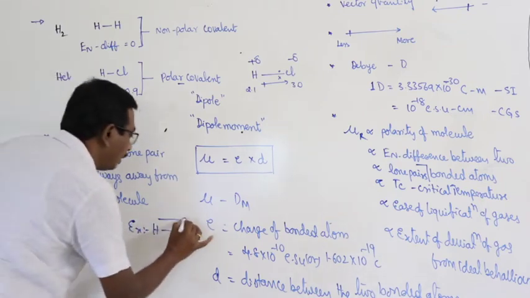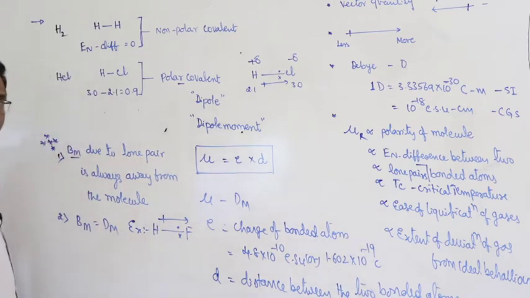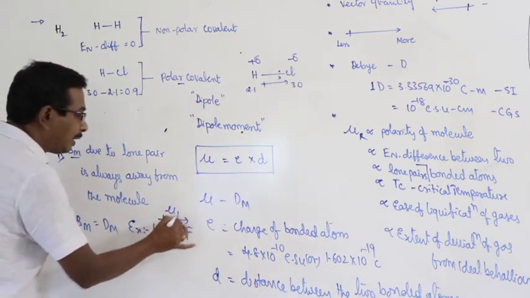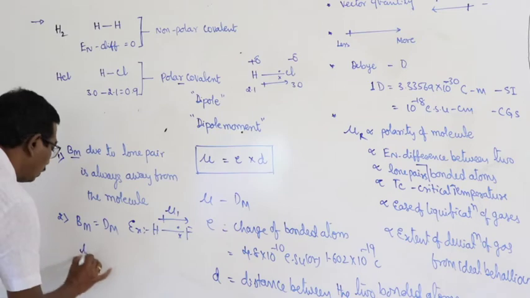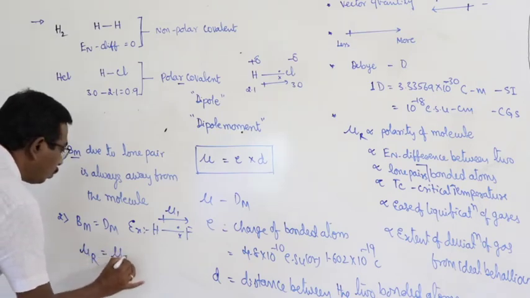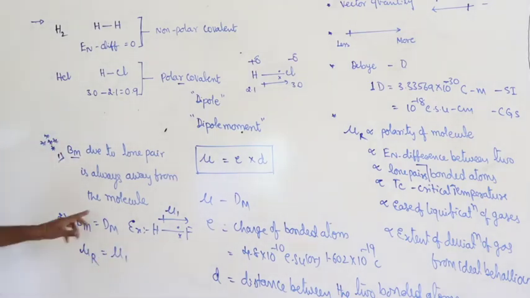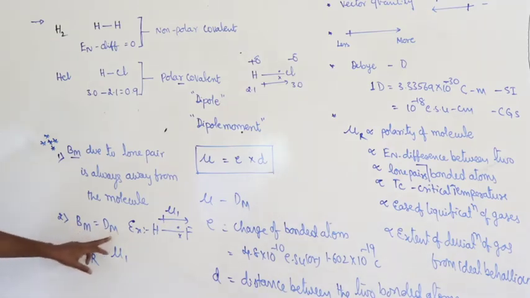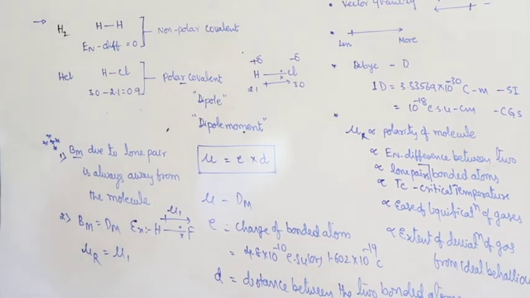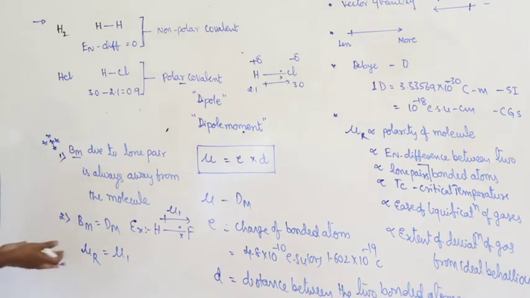Here the bond moment is towards the fluorine atom. Only one bond moment. Now the resultant dipole moment is equal to mu1. In diatomic molecules the bond moment is equal to dipole moment. Why? There is only one bond moment in the diatomic molecule. That bond moment is equal to the resultant dipole moment.